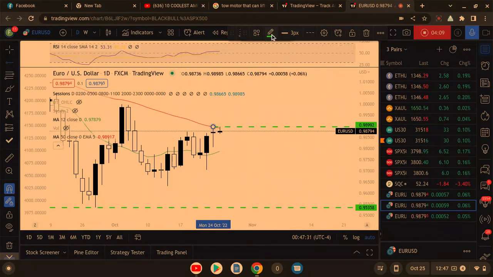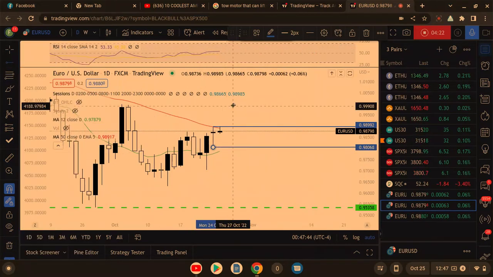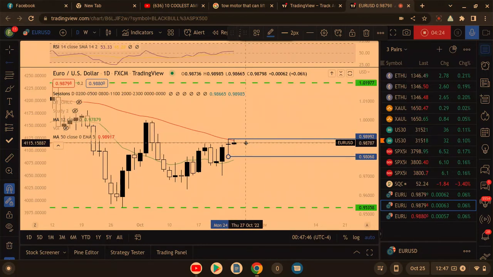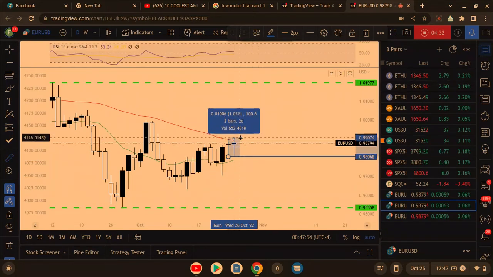I like to keep my blinds blue and solid for my day lines, my day highs and day lows. Okay, now I know I'm trading in a range. And in this range, we have a 100 pip box that we're working out of.